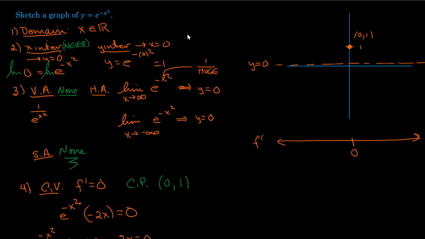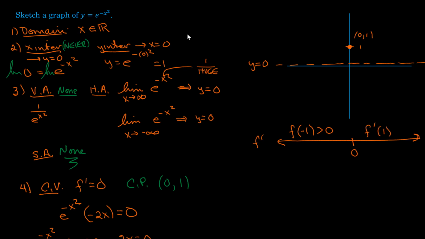So what I'm going to want to do here is evaluate the first derivative at something negative. Okay, so if I put something negative in there, like negative 1, square it, I get e to the negative 1. Well, that's greater than 0. Okay. Then I evaluate the derivative at something like positive 1.